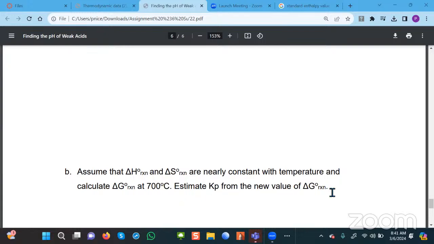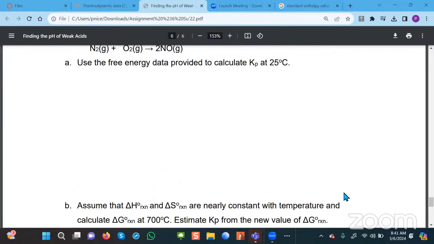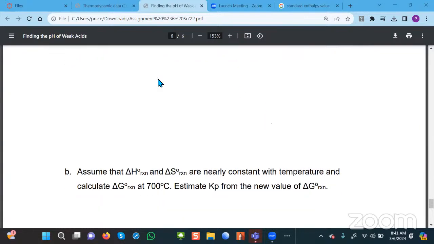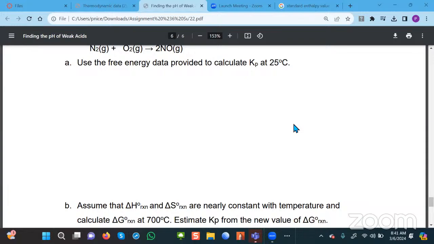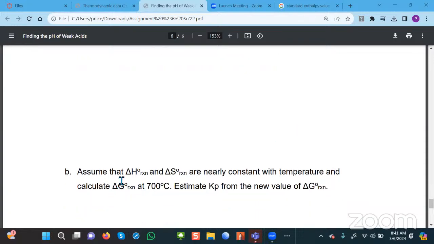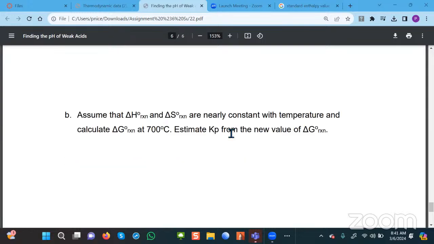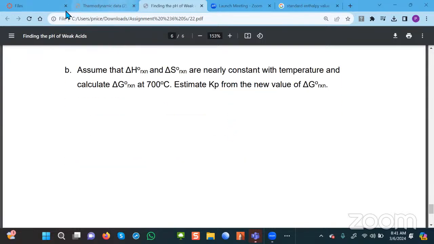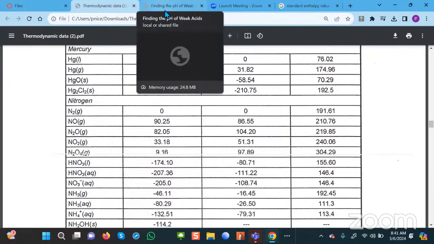Estimate Kp from the new value of delta G. Okay, so basically what you're going to do is, based on the enthalpy of reactions that you'd have to calculate based on the equation, find delta G, right?